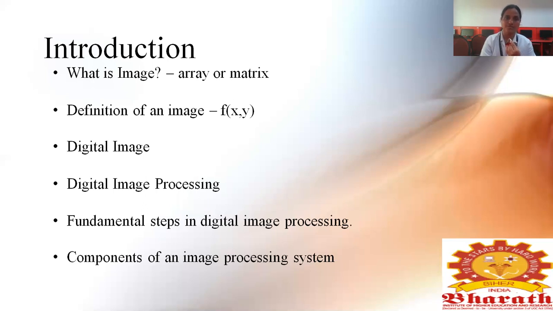So 256 into 256 into 256 gives a total of 16 million color values in color images.